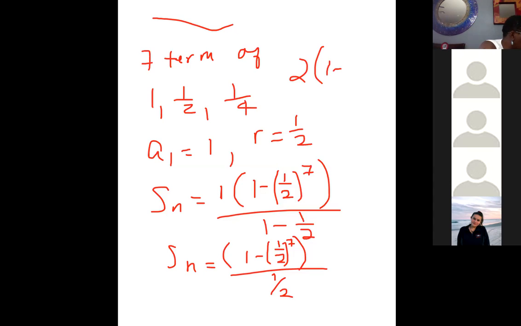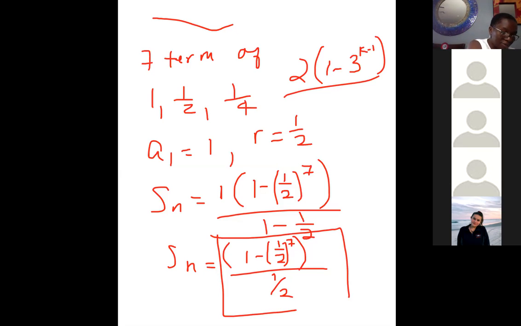I forgot what that problem was. Oh yes, 3 to the k minus 1 power, something like that. Okay, yeah. All right, guys, did you all plug this into the calculator to find the sum?